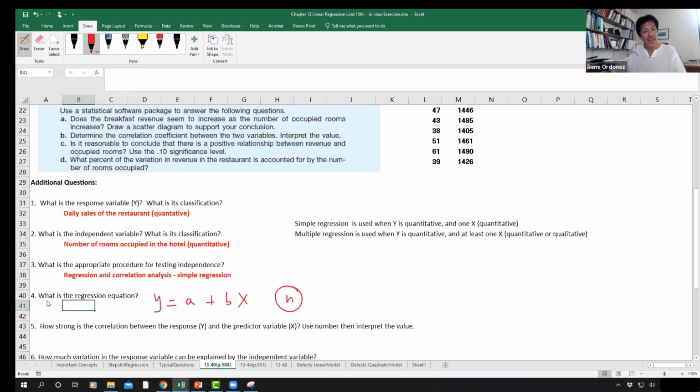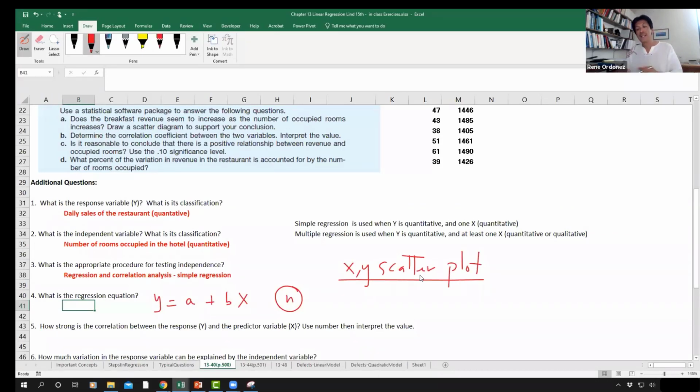Now, before you compute a regression equation for a simple regression model, it is a good idea to first generate what is known as an XY scatter plot.